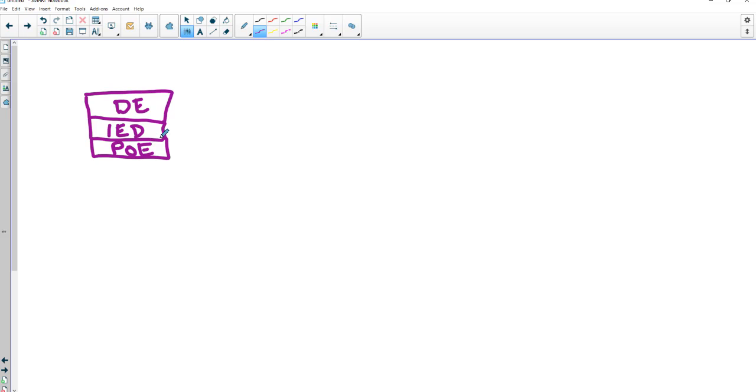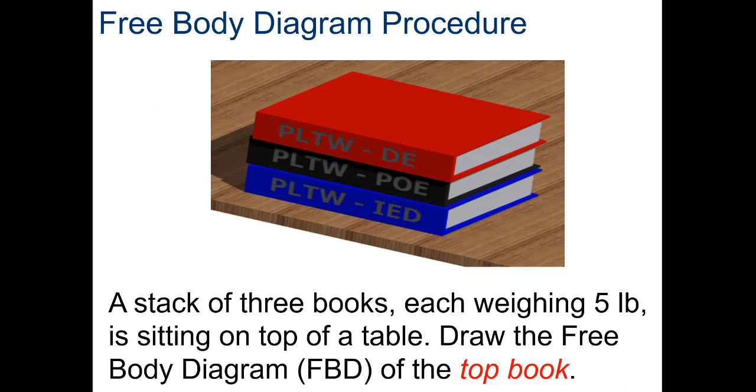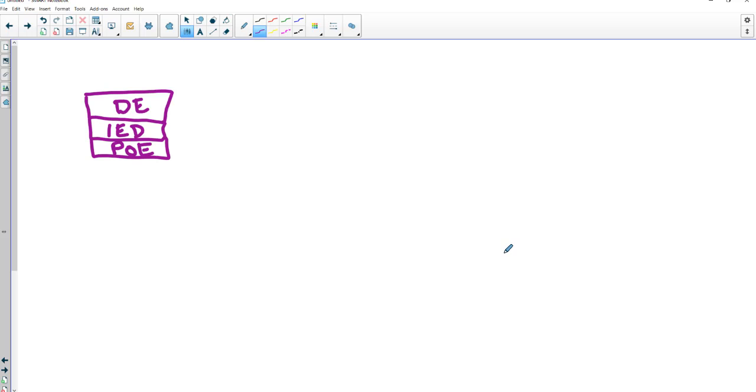Let's go back and make sure that it was in that order. DE, POE, IED. So this is just the original picture, and it was sitting on a table.